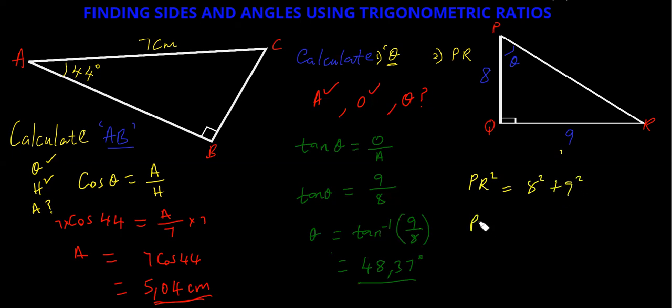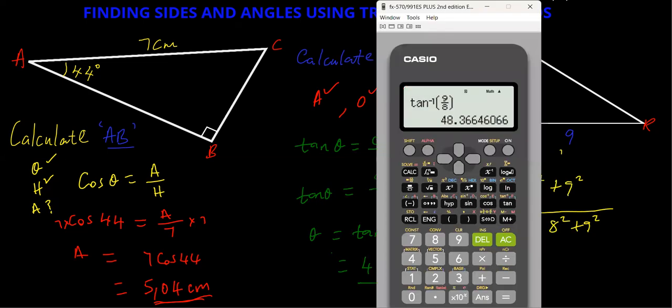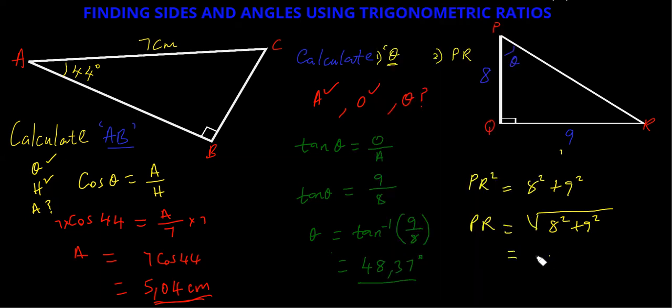And here PR is going to be equals to root of 8 squared plus 9 squared. And what do we get there? Root of 8 squared plus 9 squared is going to be equals to root 145. That's our length here. That's our PR there.